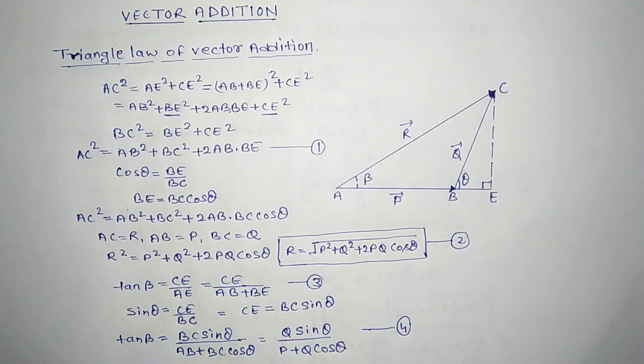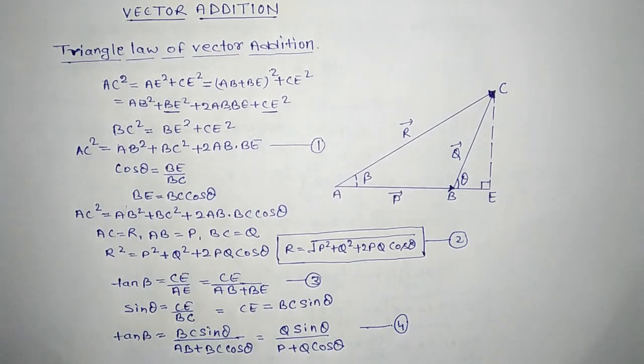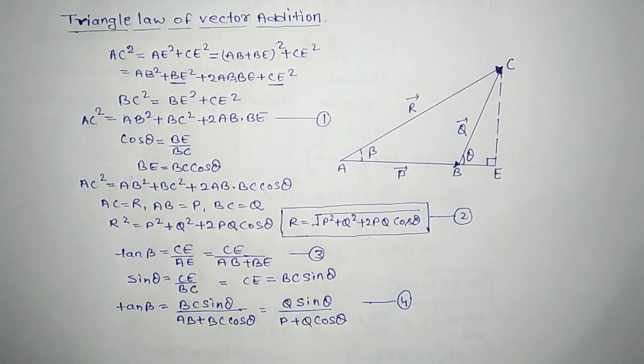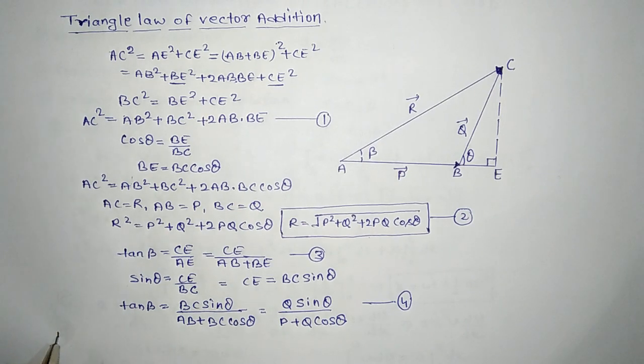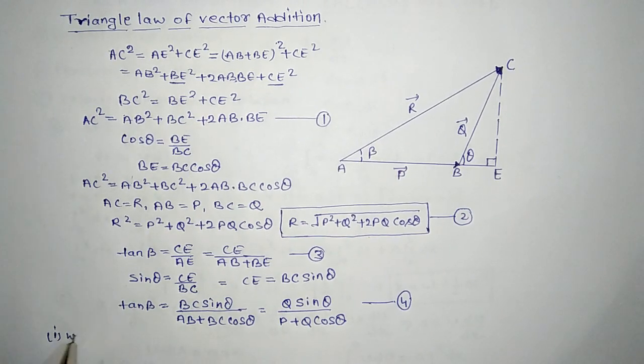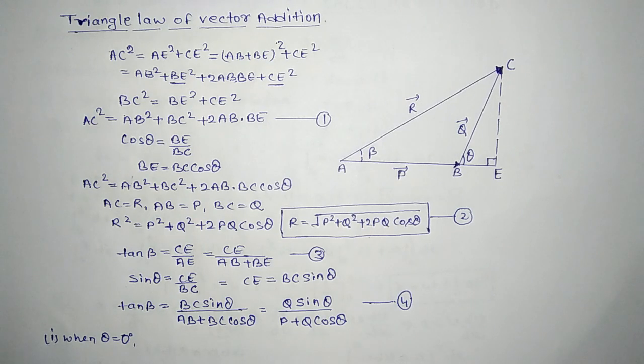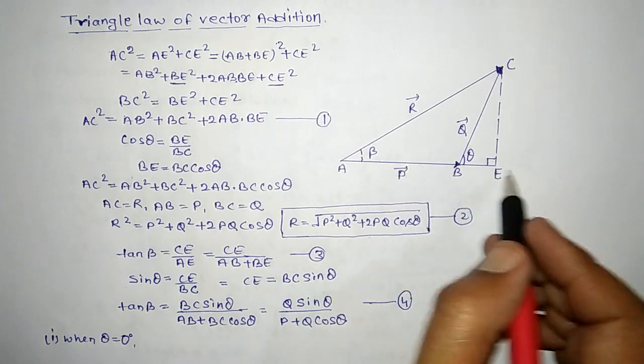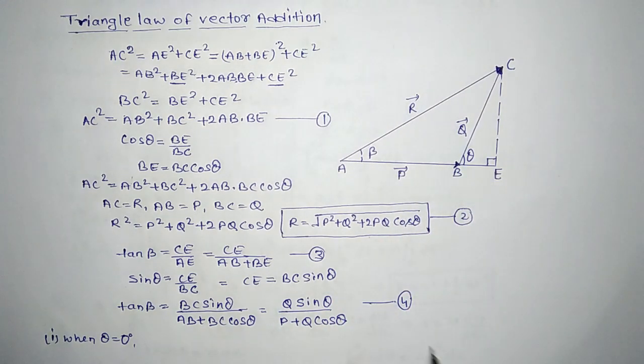Now we have certain situations in which we can calculate the resultant. Taking the first situation, when theta is equal to 0. Theta is equal to 0 means the vectors act along the same direction, meaning the vectors P and Q are in the same direction.